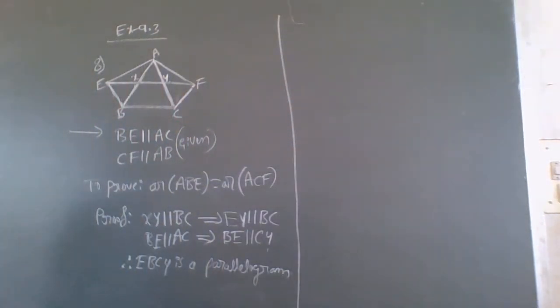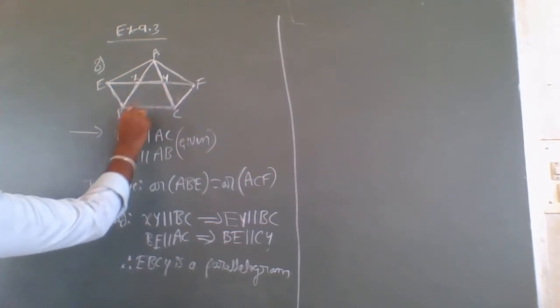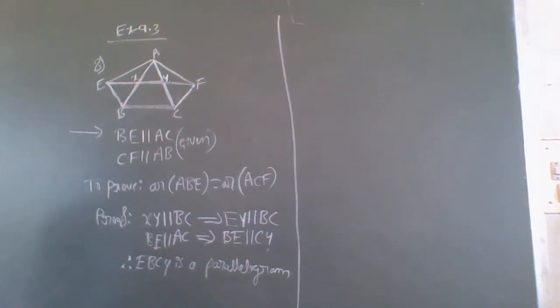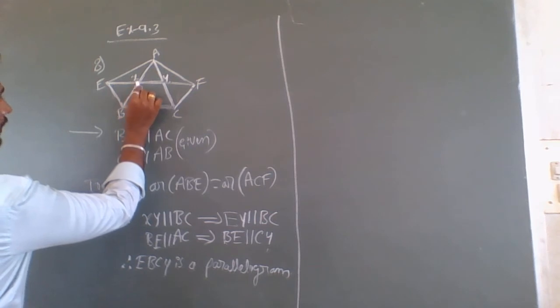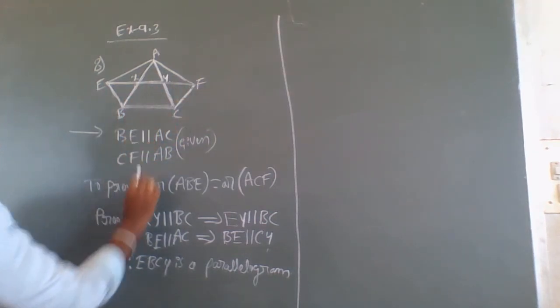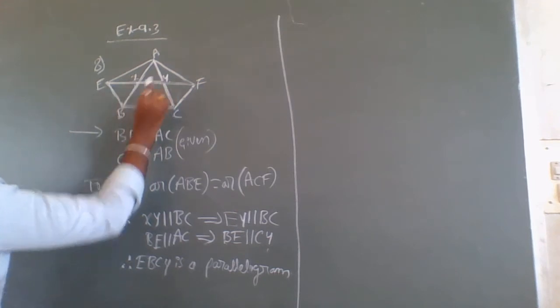Okay. So now, next I will consider here this XY is parallel to BC. So that if this XY is parallel to BC, then you can say that this XF is parallel to BC because this YF is the extension of XY.